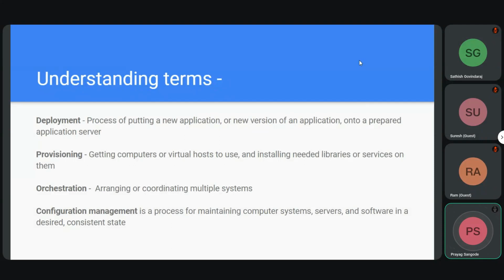So two important terms are provisioning and config management. Provisioning means when we create a VM or resources for the first time. And after provisioning, whatever we do for managing the configs, that is configuration management.